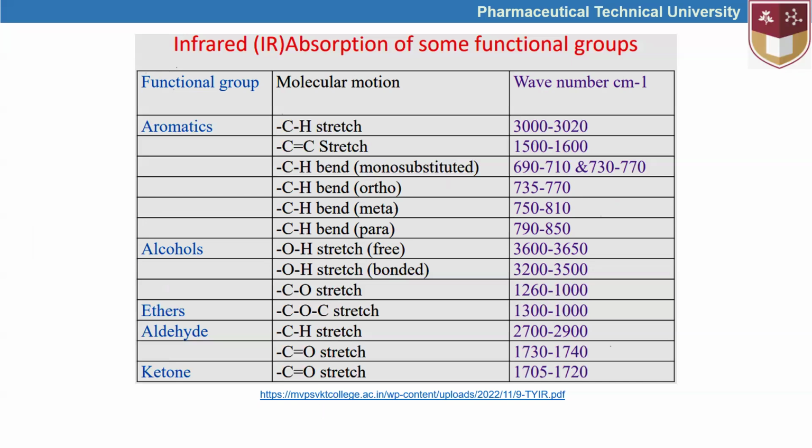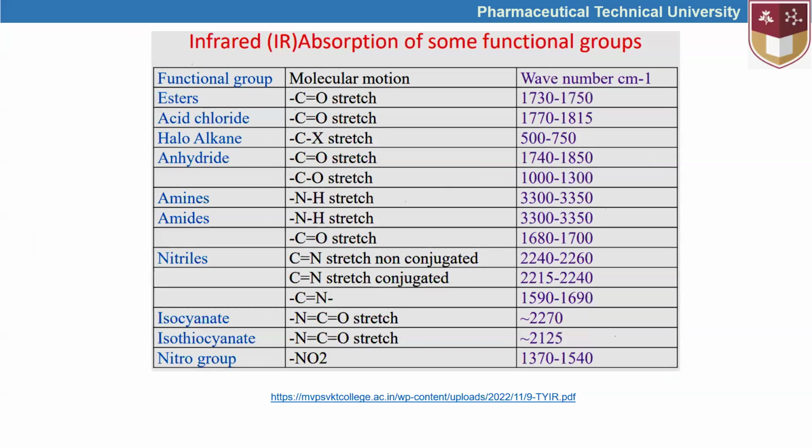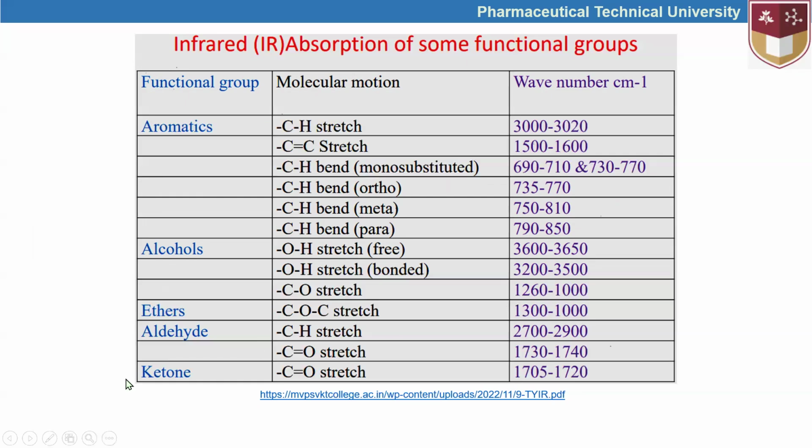Okay. I would like you to pay your attention to the carbonyl group stretch of aldehyde and ketone. Carbonyl group stretch in aldehyde, carbonyl group stretch in ketone. Here in aldehyde, there is one hydrogen, and here in ketone, two other bonds belong to carbon-carbon interactions.